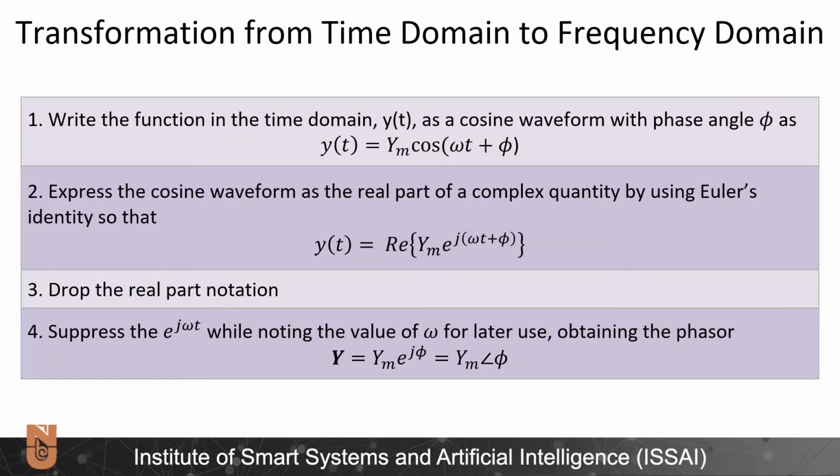Here we show step by step how to transform a signal or function from time domain to frequency domain, but practically the only thing you need to do in order to change it to a phasor notation is take the amplitude and the phase and write it in the exponential or this angular notation.